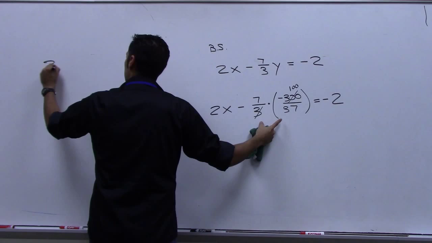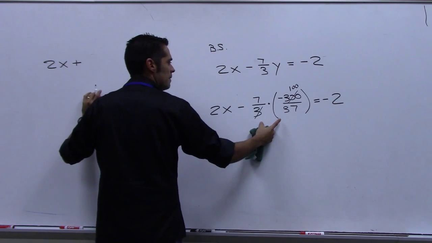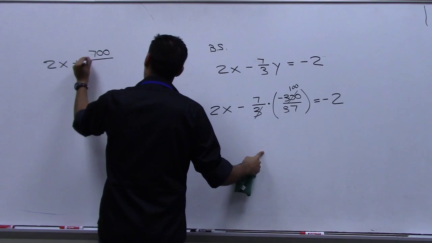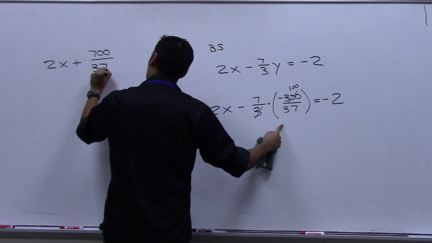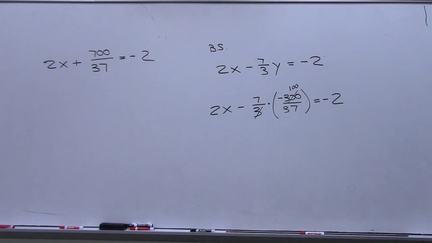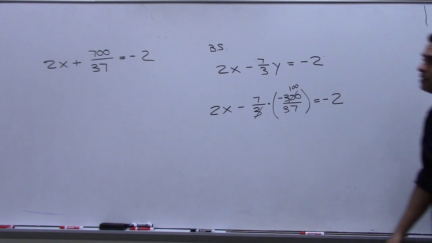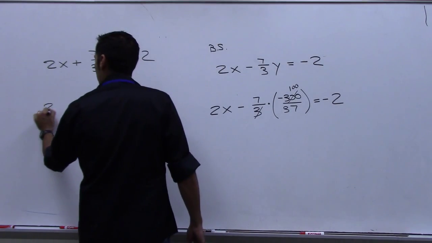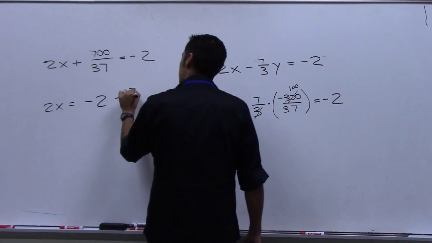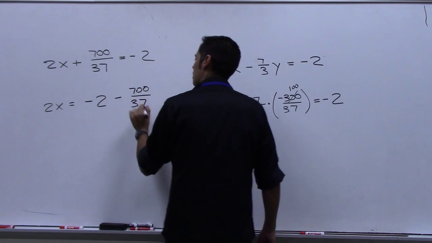So isn't this going to turn into 2x plus, let's see, 100 times 7, so 700 over 37 equals negative 2. Going to move the 700 over 37 to the other side. I already have a negative 2 there. I'm subtracting 700 over 37.